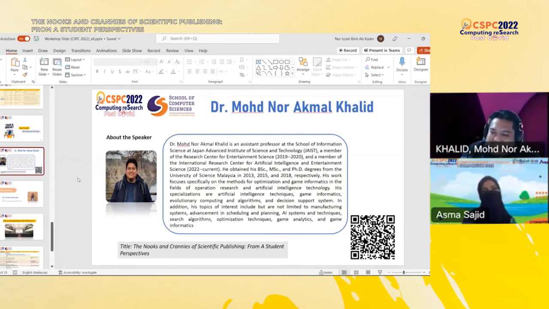So from there I tried to find other ways to highlight the main idea of my research, from the experiment point of view, from the method point of view, from the process point of view.